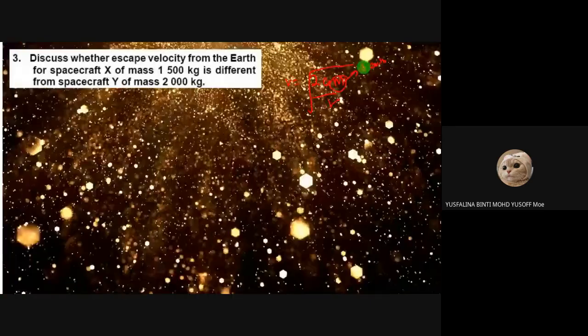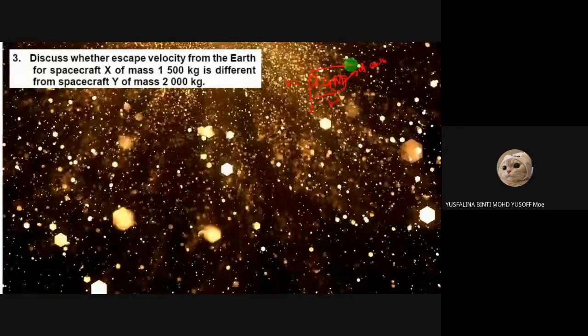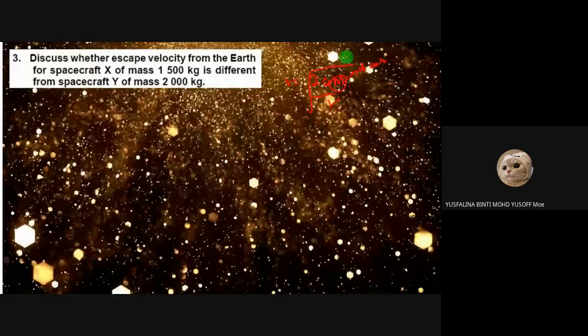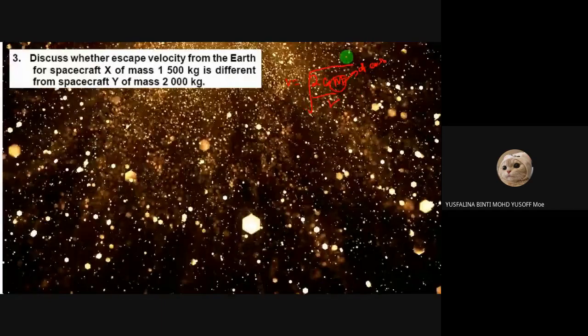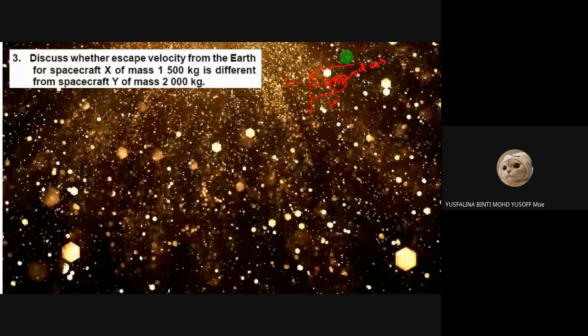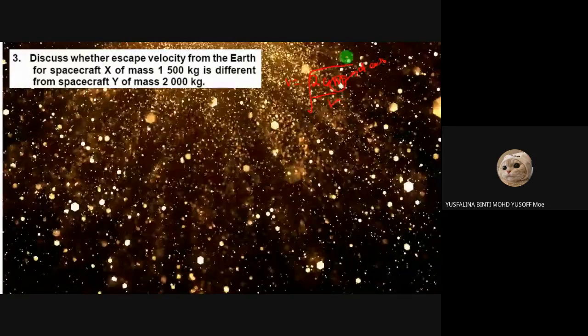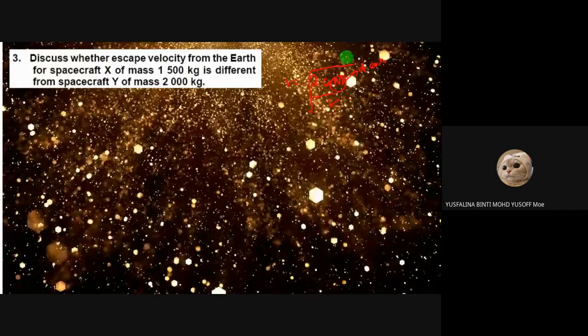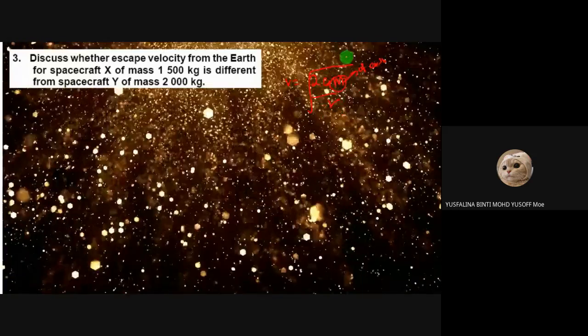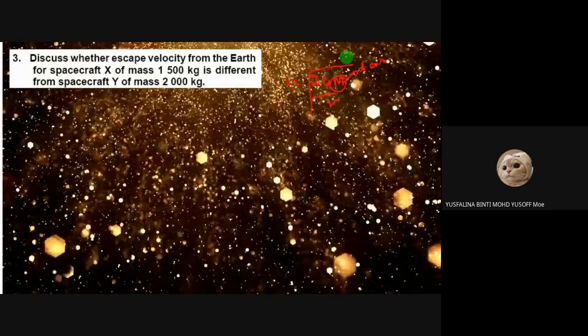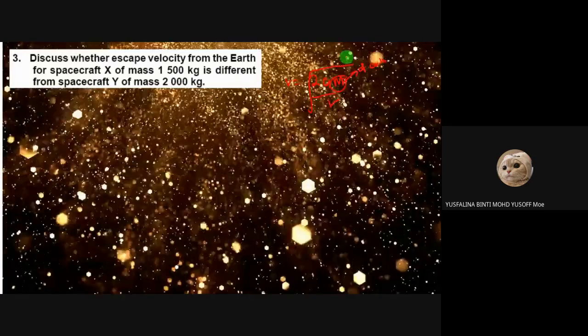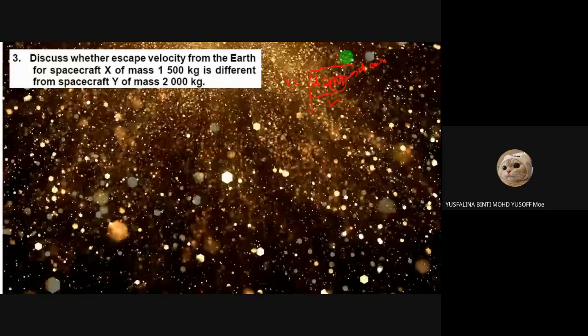It doesn't matter whether your spacecraft or your jet or your rocket is 2000 kg or 5000 kg. What matters here is only the mass of the Earth and the radius of the Earth. So the escape velocity will always be the same.